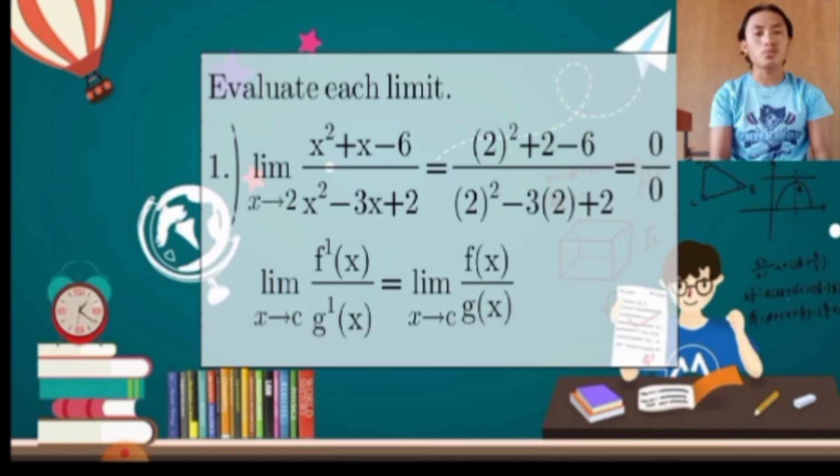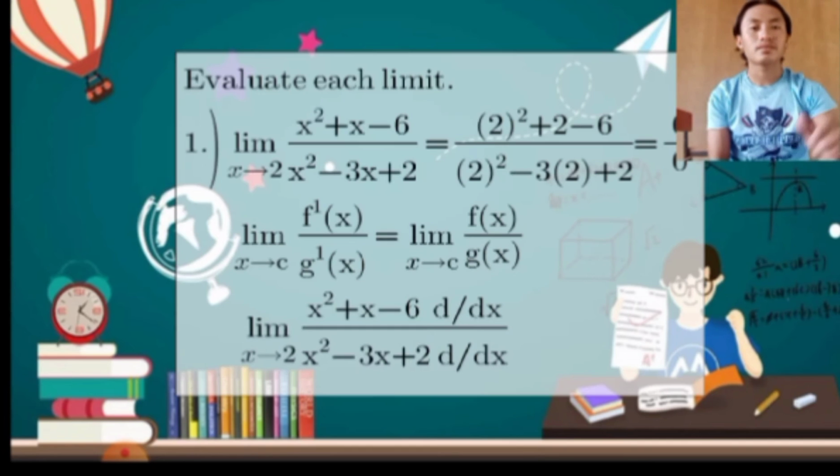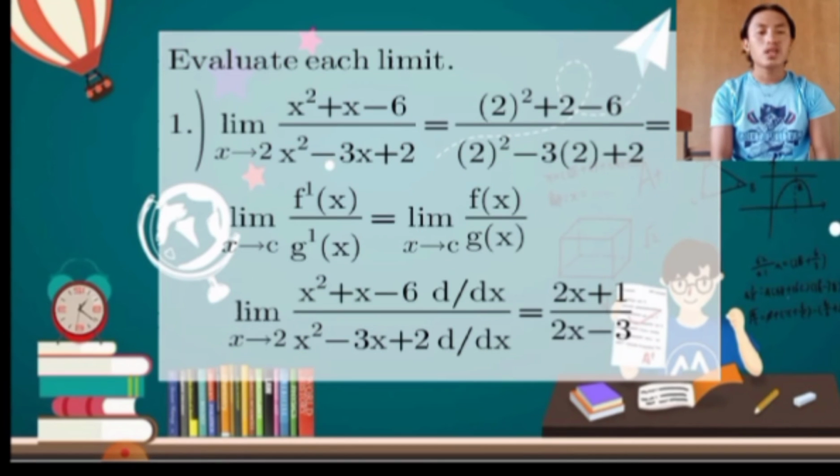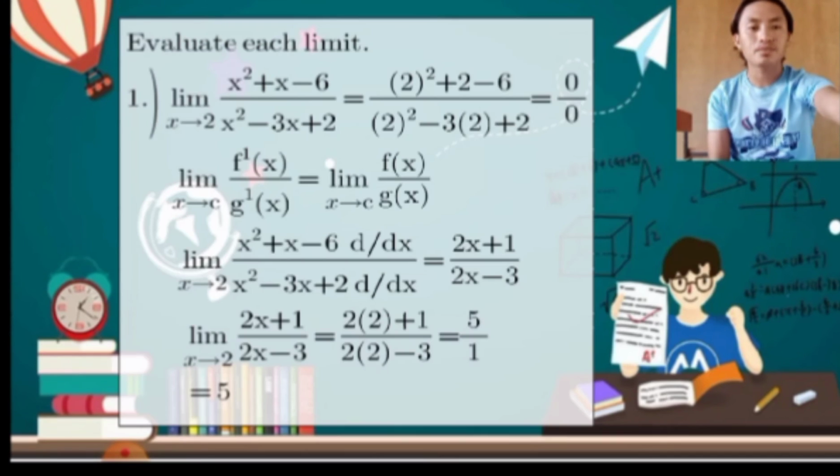So by using this formula, the limit as x approaches c of f of x over g of x is equal to the limit as x approaches c of f prime of x over g prime of x. So the limit as x approaches 2 of d over dx of (x squared plus x minus 6) over d over dx of (x squared minus 3x plus 2) is equal to (2x plus 1) over (2x minus 3).